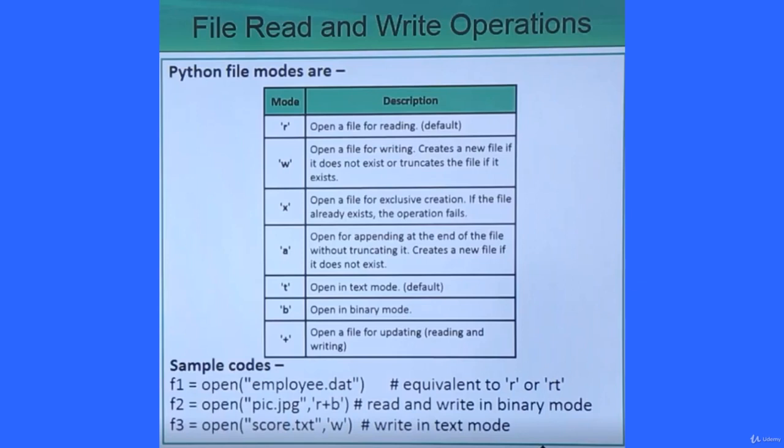Next is F3, open score.txt in W mode, that is write in text mode. In this way, we have given some sample code to show how these modes can be used while opening a file.